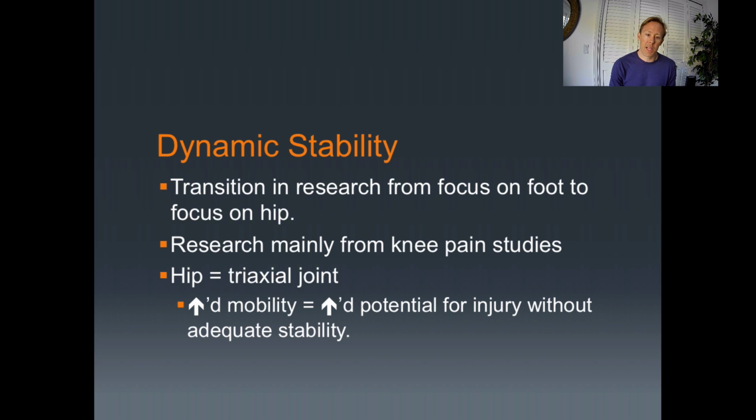If the neuromuscular system, the passive subsystem and the active subsystem, aren't controlling the joint well, then the injury risk may go up. Think about the shoulder: you see way more dislocations in the shoulder than the hip, right? The hip is just naturally more stable. For a really mobile joint like the shoulder, the injury risk may be a little higher if the person can't control it well. But the hip has the same kind of idea.